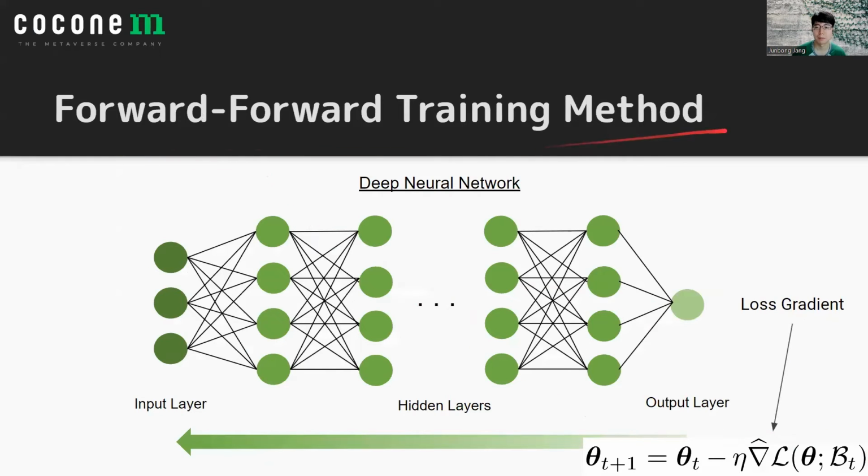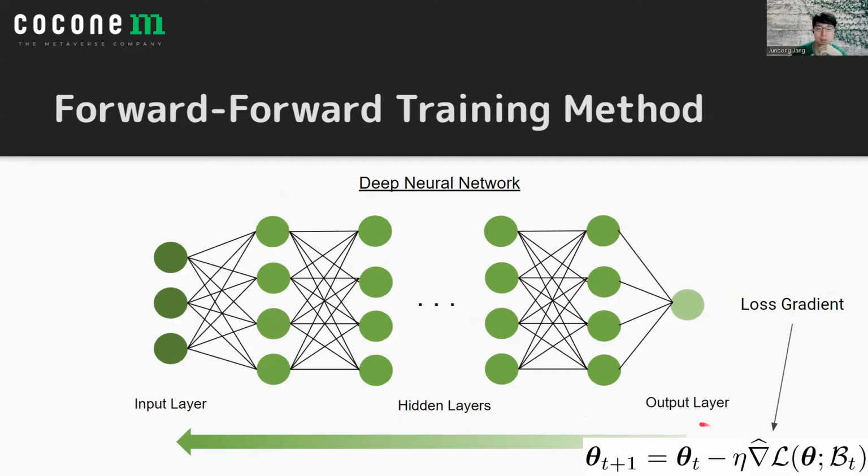So the training method at the end almost mimics backpropagation by approximating this loss gradient. But the important part is that backpropagation updates the parameters in this order, right? From here to there to there to there.